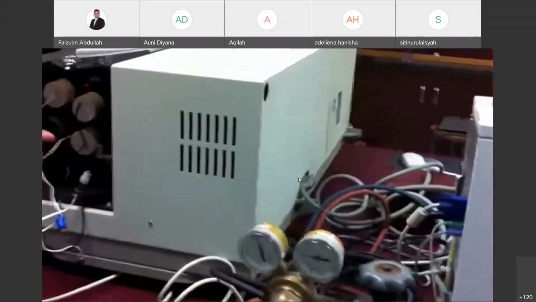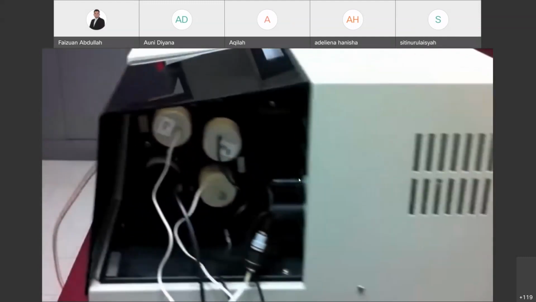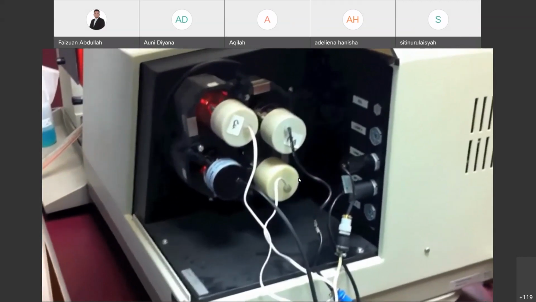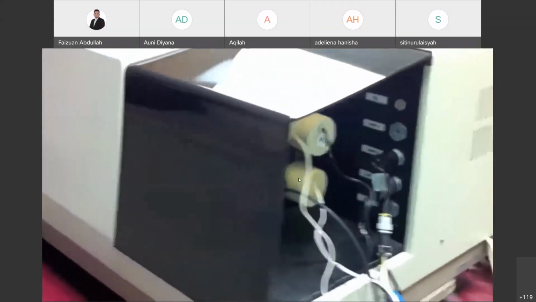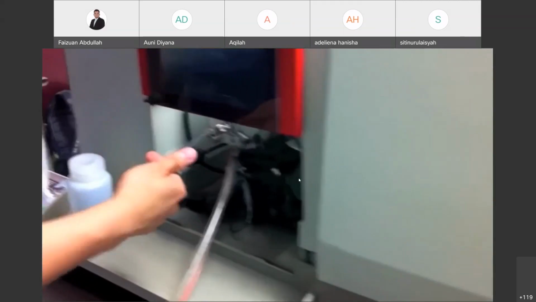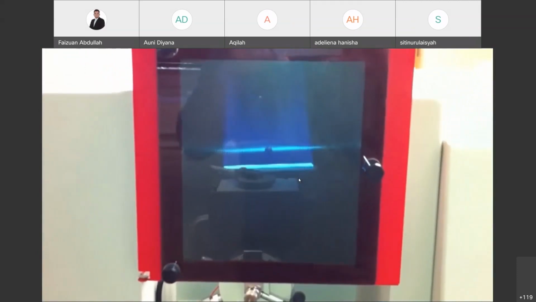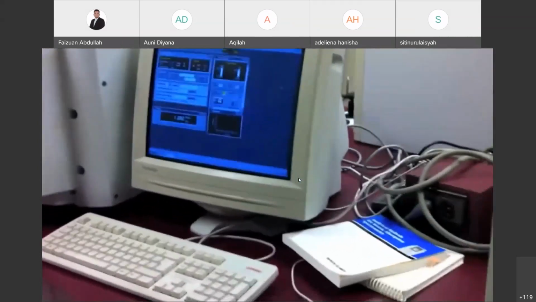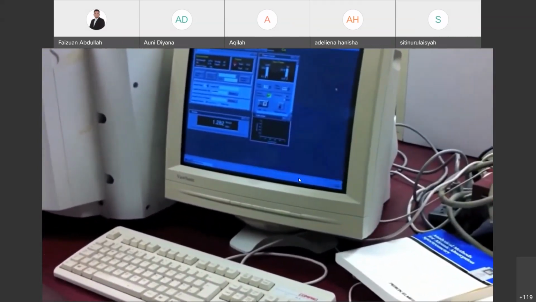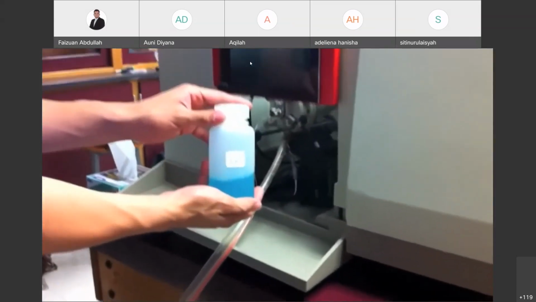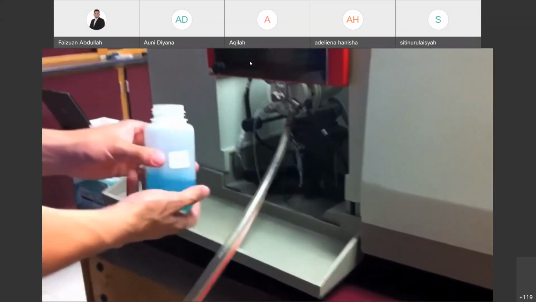This is the gas that feeds the flame. These are the lamps that provide the source of radiation. The lamp is specific to the analyte. The analyte is taken into the flame by this capillary tube. Data collection is performed by software installed on a computer. This demonstration will use a sample of copper.